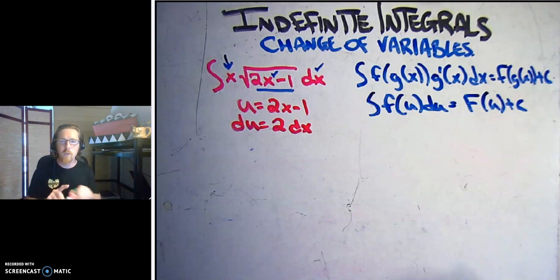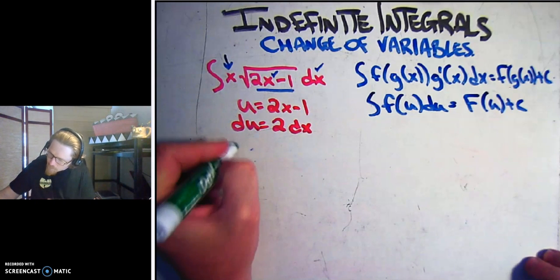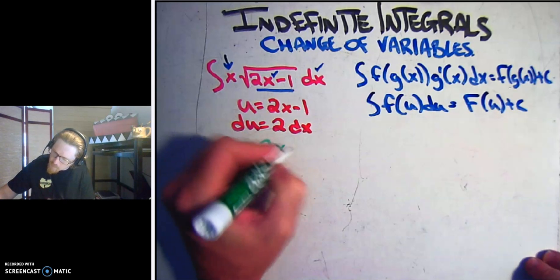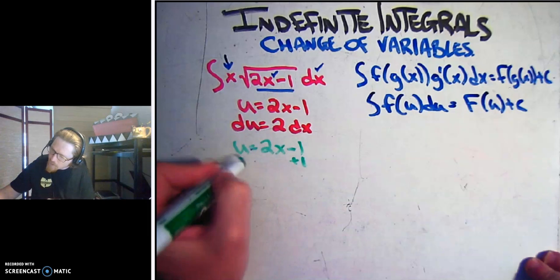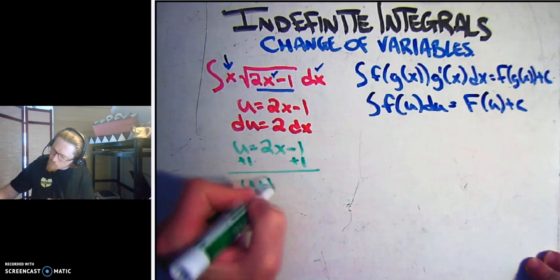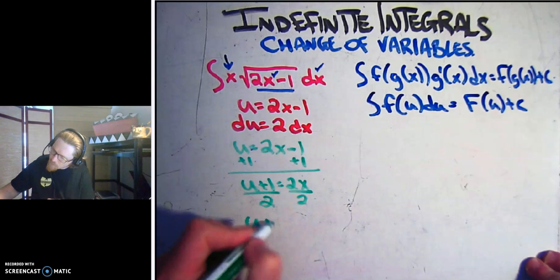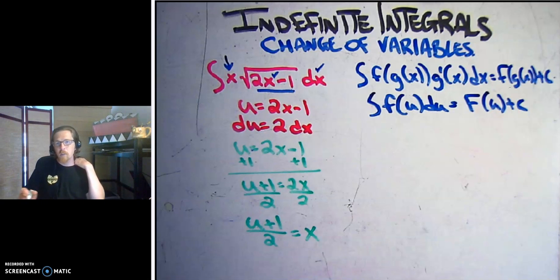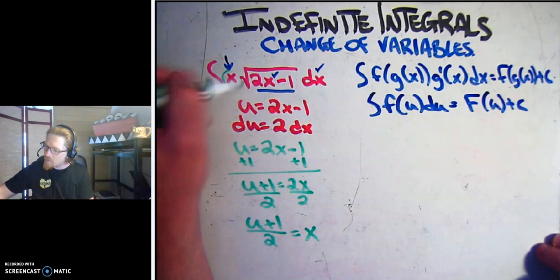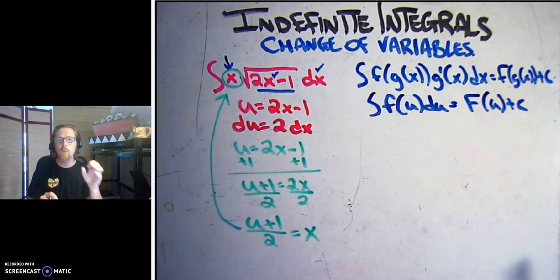So I have to be manipulative and sneaky here. I'm going to do two things. First, I'm going to take this idea that u is equal to 2x minus 1, and I'm going to solve for x. So I'm going to add 1 to both sides. I get u plus 1 equals 2x, and divide by 2, and so u plus 1 over 2 is x. So now this x here, I'm going to be able to substitute a u value for that x.